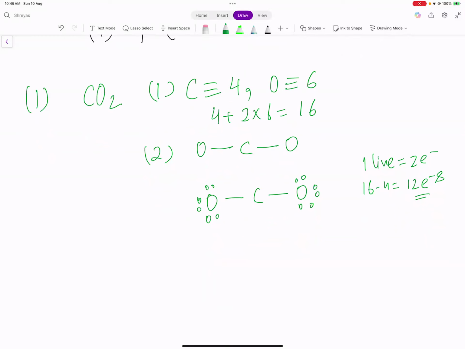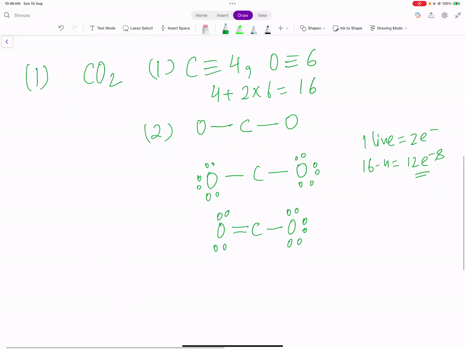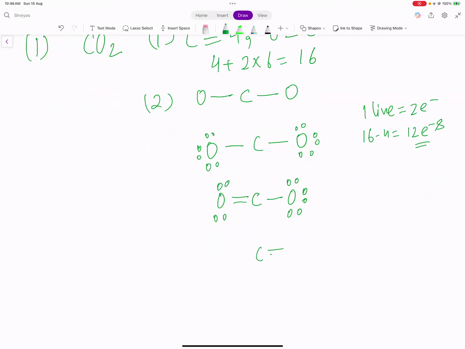Carbon only has 4 electrons. So we take 2 electrons from the left oxygen and make a double bond here. Now this oxygen has only 4 left, it's still not complete. So we take 2 electrons from the right. So it's 4 on each, and we are done.